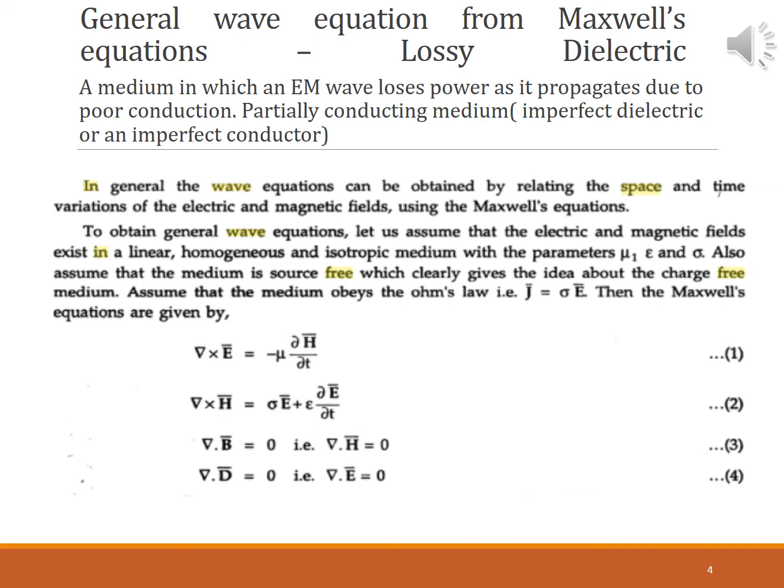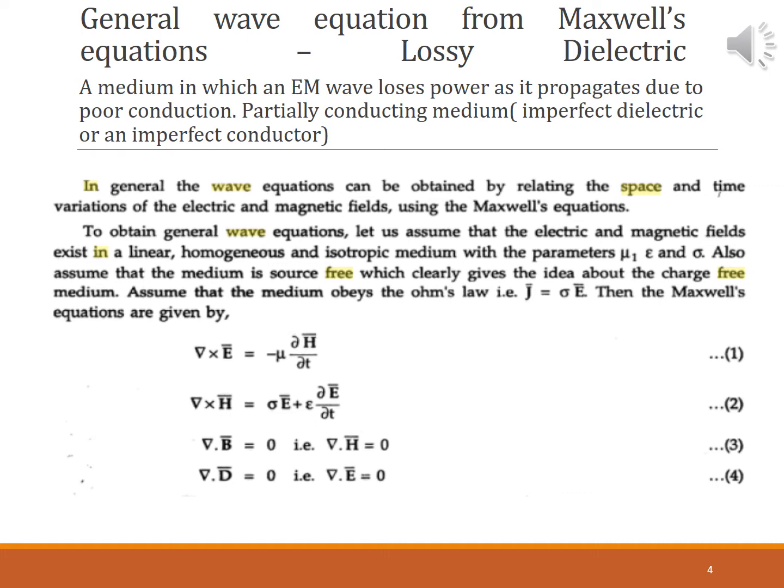Space means the variation with respect to the coordinates. Say we are talking about 3D vectors: the electric field has an x, y and z coordinate, and similarly the magnetic field will also have x, y and z coordinates.